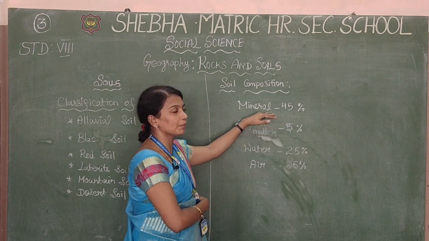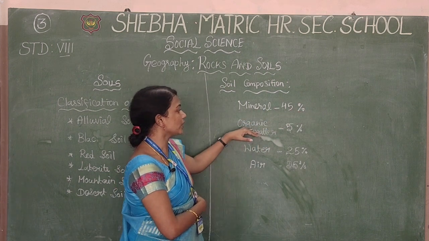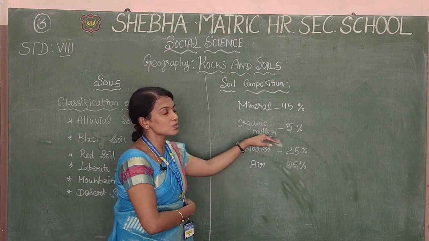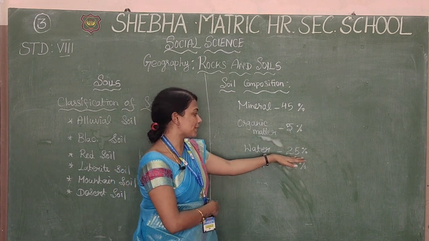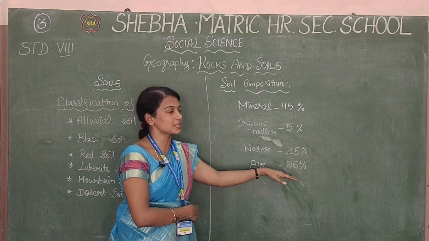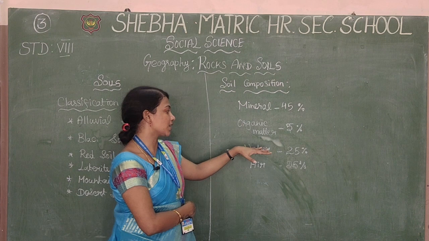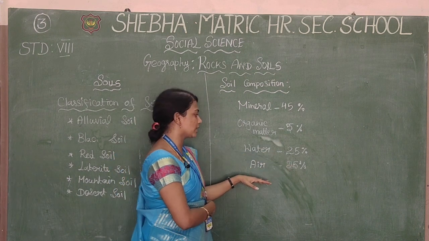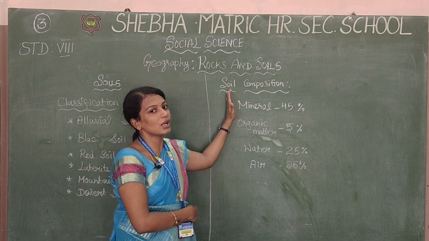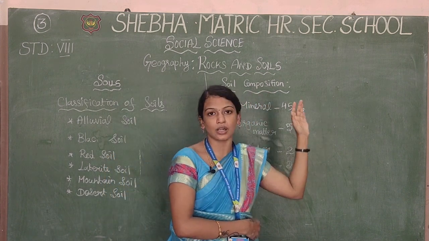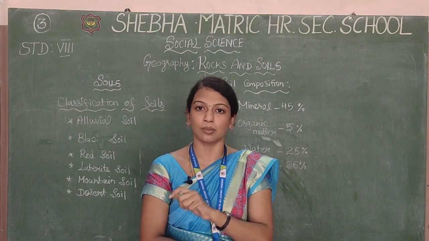Minerals are 45% in soil, organic matter is only 5%, water is 25% and air is 25%. So this is called soil composition. Did you understand soil formation and soil composition?